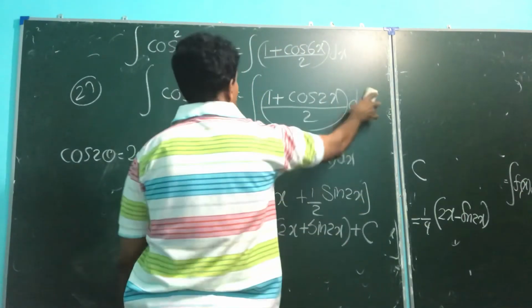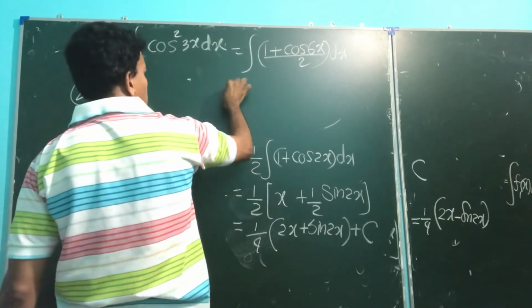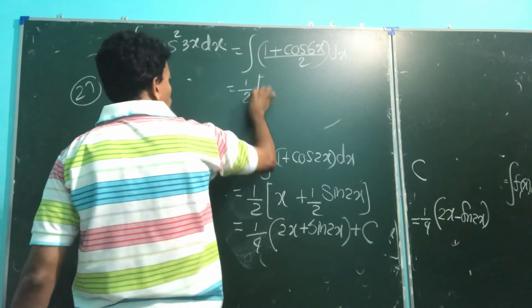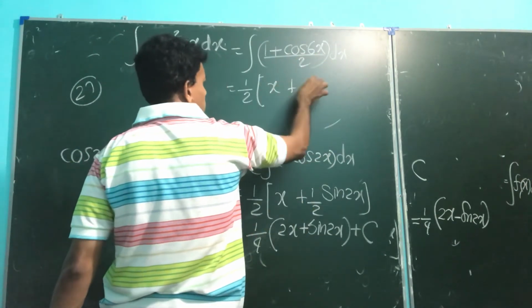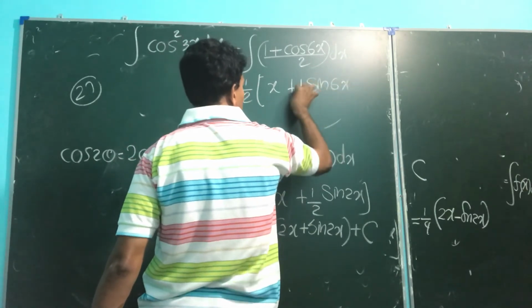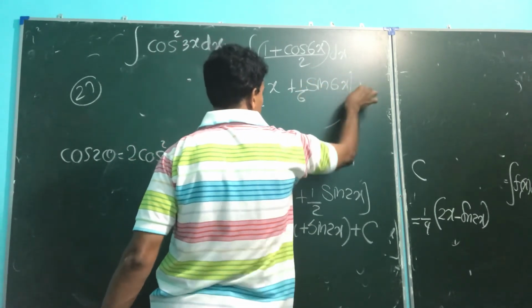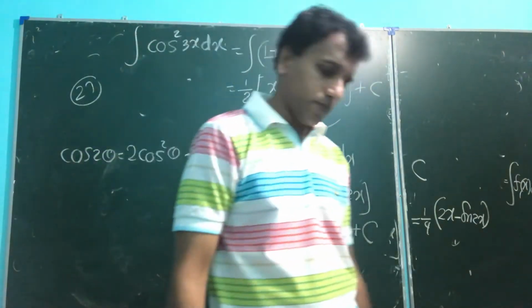Therefore take the half out and write the integral. 1 integration is x, and cos integration is sine 6x, and differentiate, write the reciprocal, plus c. Or you can take the 6 out, plus c, right?